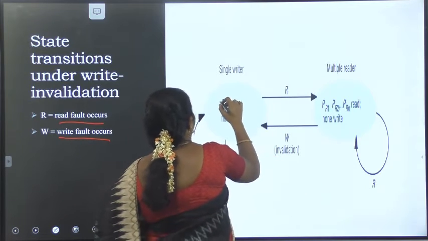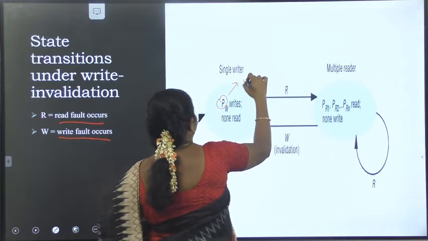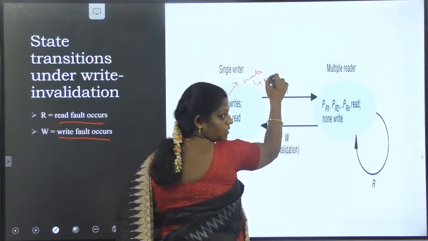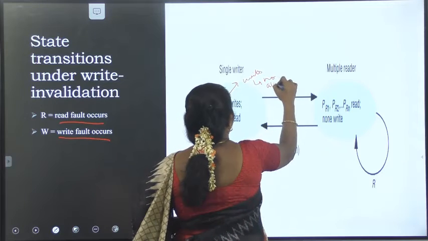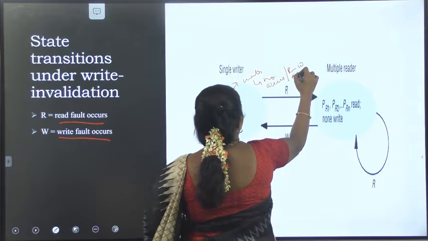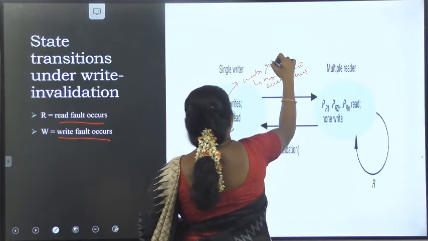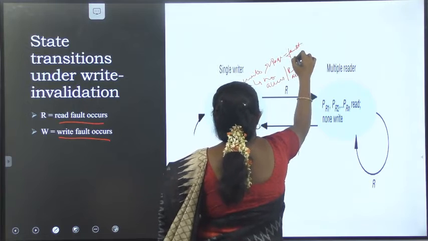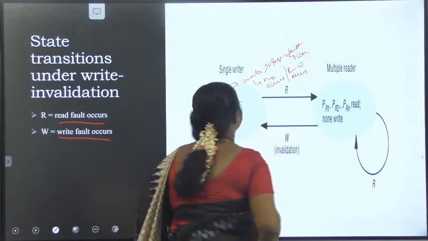If this process wants to write, and it is not provided read-write access, what will happen in this case? A page fault will occur.